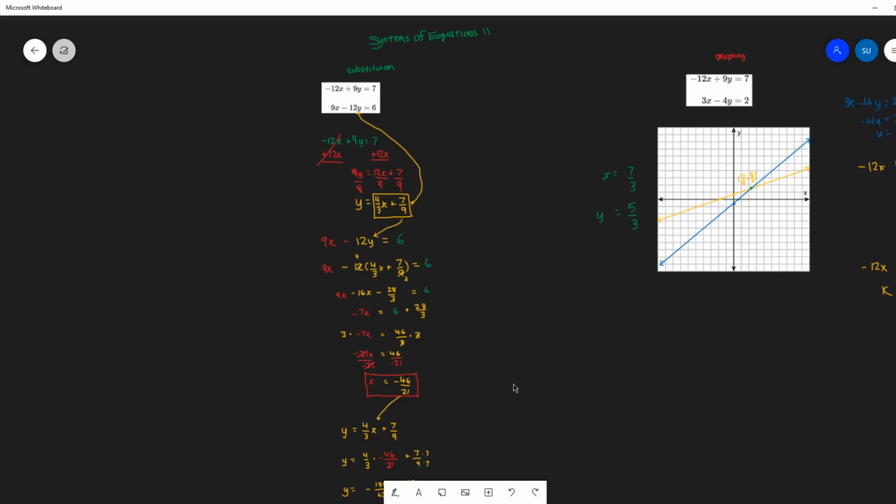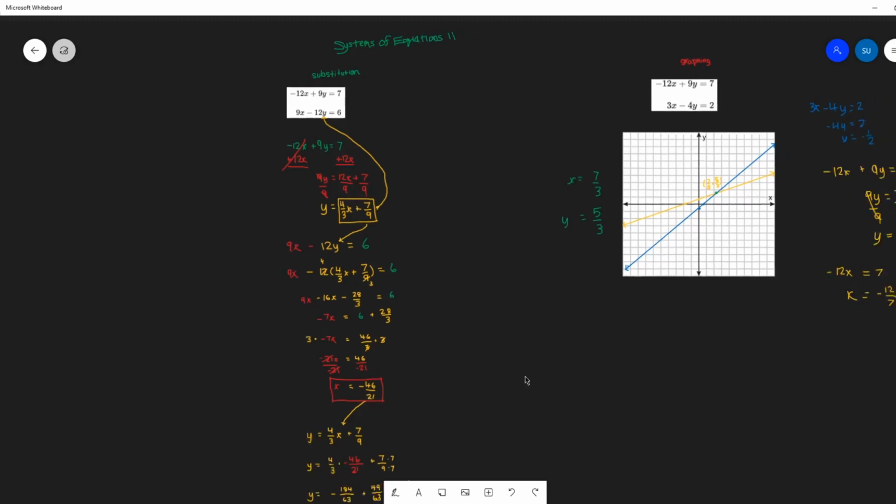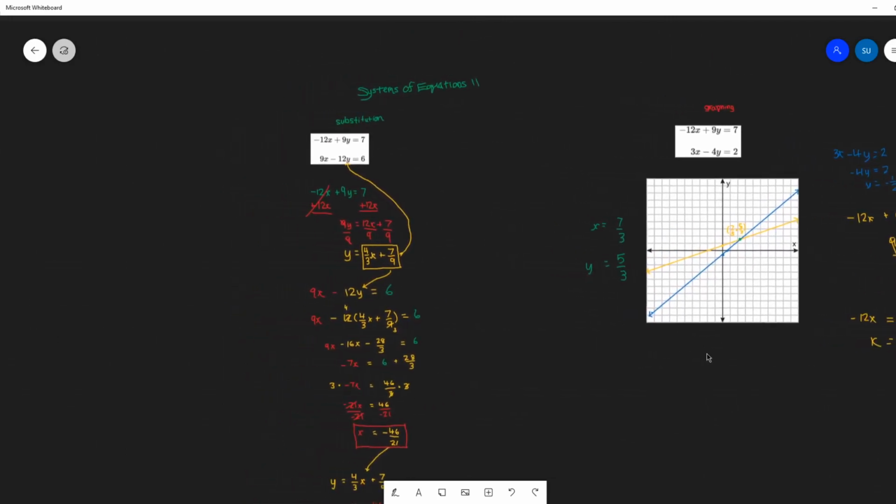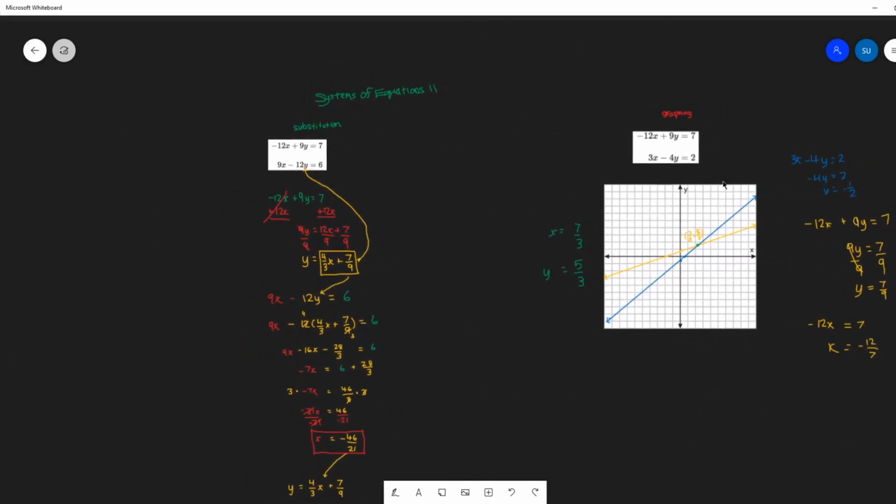But normally what you want to do is get very comfortable with using all three of these methods, not so much graphing, because graphing is very situational. Graphing normally is not going to work unless you have a whole number solution or a half solution. In my next video, I'm going to go over how to determine if a system of equations is going to have only one solution, no solutions, or all solutions.